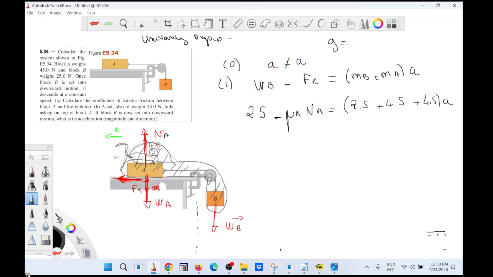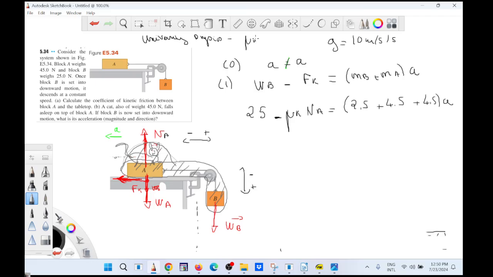And I take gravity to be 10 meters per second squared. The acceleration here is in this direction, so I take plus in this direction.